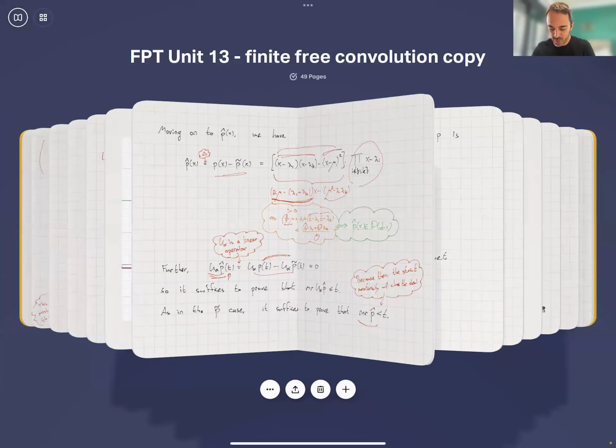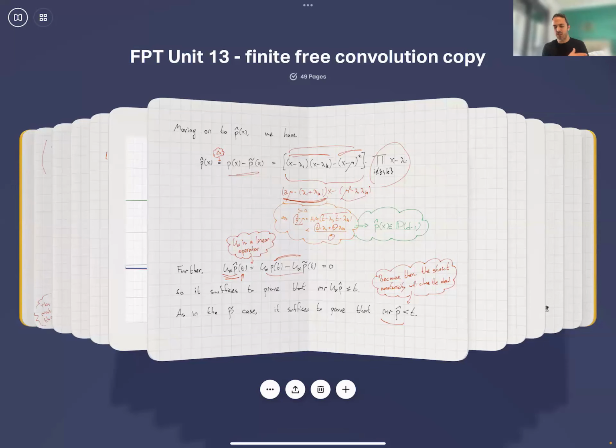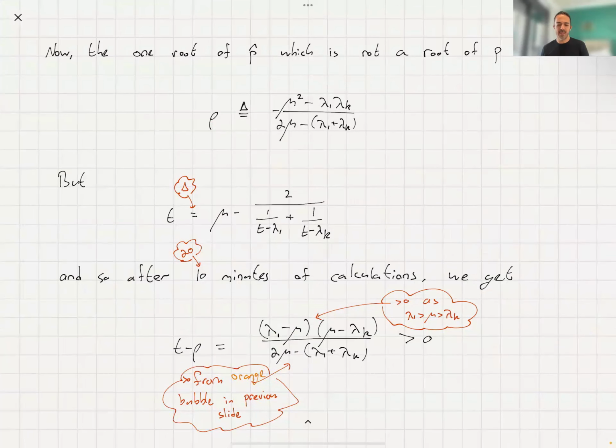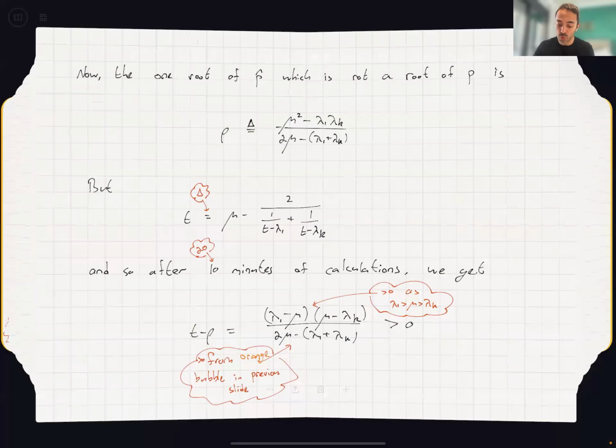So again, I just want to prove that the max root of p hat is at most t, like we did for the p tilde, same strategy. But this is kind of more annoying computationally. So we want to prove that p hat has no root after t. Now t is after lambda 1. It's larger than lambda 1. So the only root that could kind of spoil the party is the new root rho, right?